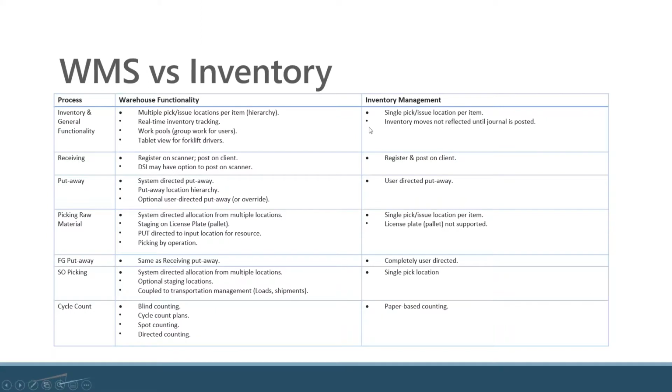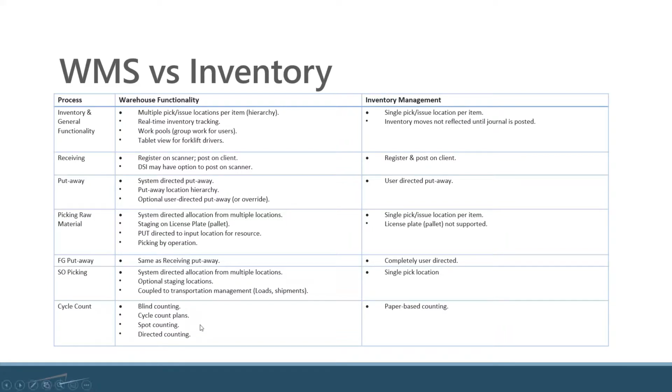So when I compare the two, inventory management is what I've been calling basic, warehouse functionality is what I've been calling advanced. There is a host more functionality on the warehousing side, especially around cycle counting, which is where a lot of people start with implementing advanced warehousing.